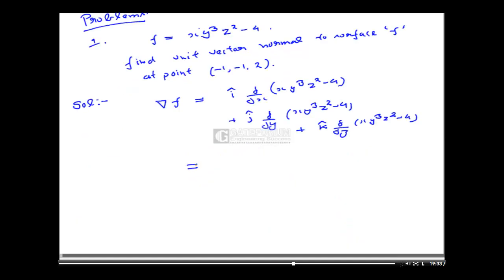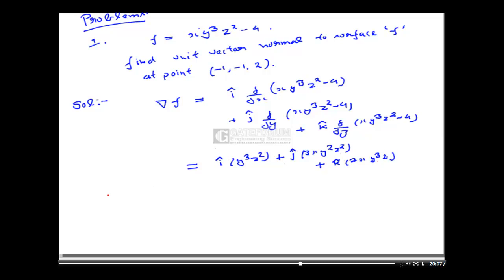On solving this, we will get i cap y cube z square plus j cap 3xy square z square plus k cap 2x y cube z.